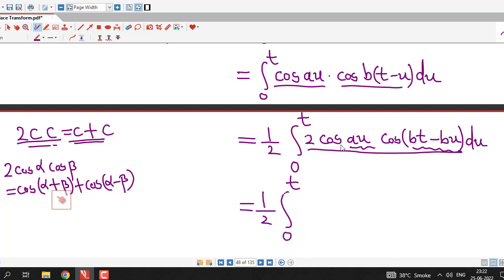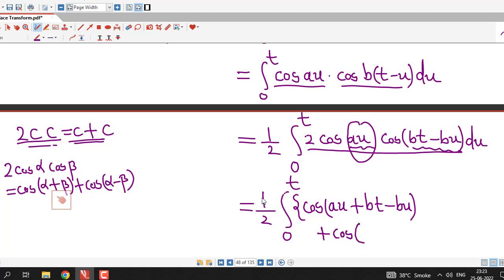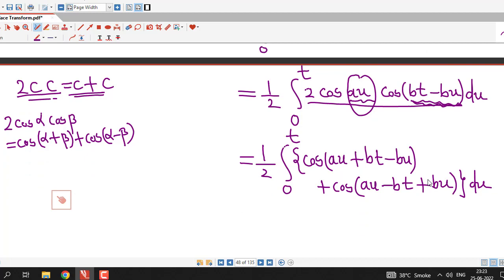So first step is cosine of addition of these two angles au and bt minus bu. So first we write cos of au plus bt minus bu, and plus cosine of subtraction of these two angles. We subtract this angle from au, that is au minus bt plus bu, and we integrate with respect to u.